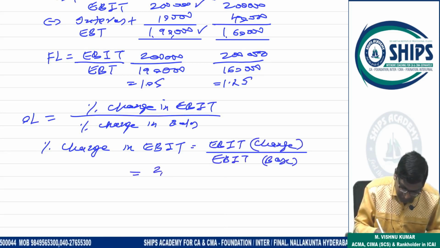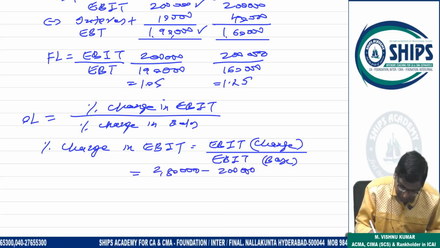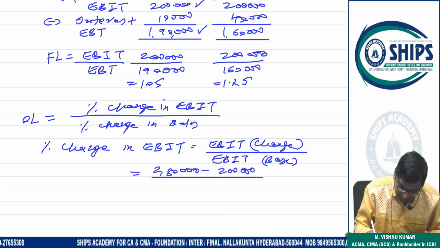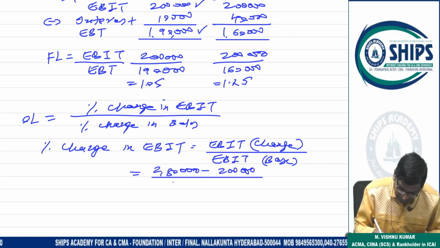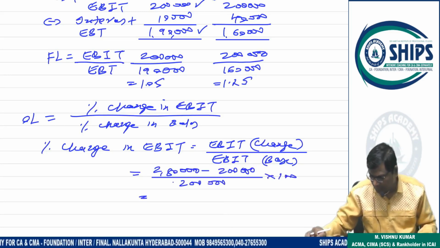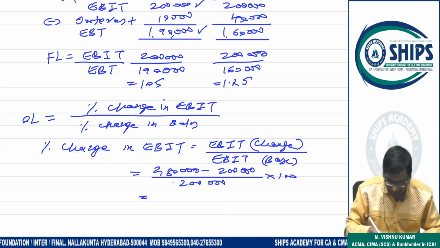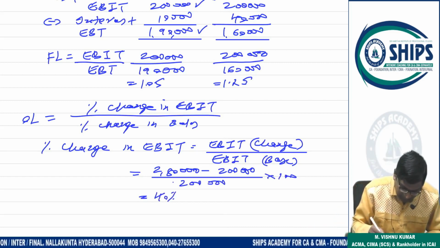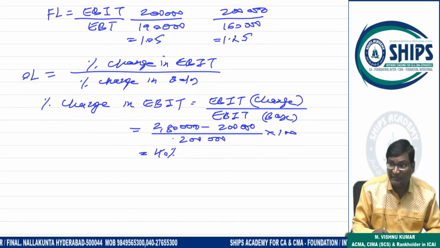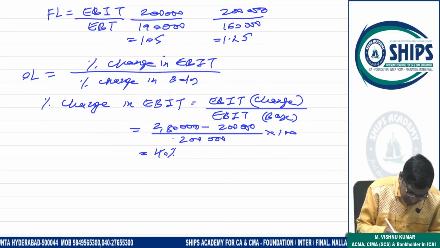So EBIT change is 2,80,000 minus existing EBIT, 2 lakhs. And EBIT base means existing EBIT, 2 lakhs, into 100. So 80 divided by 2 lakhs, 40%. So percentage change in EBIT is 40%. Okay? Next.